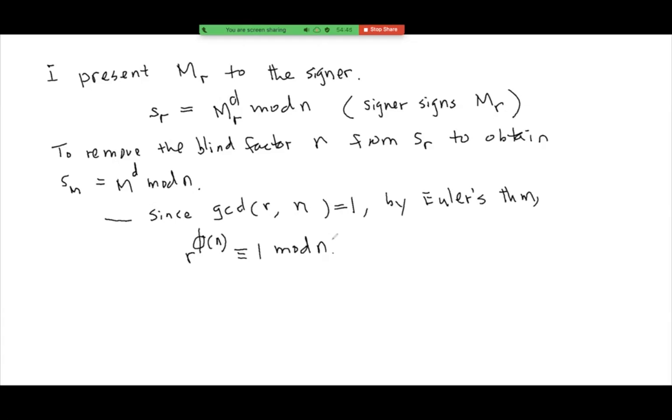The second fact, we know that since E times D is congruent to 1 mod phi of N, this means there exists an integer k such that E times D is equal to 1 plus k times phi of N.